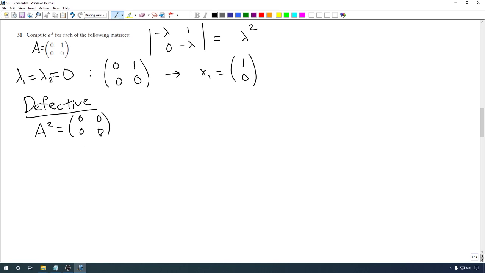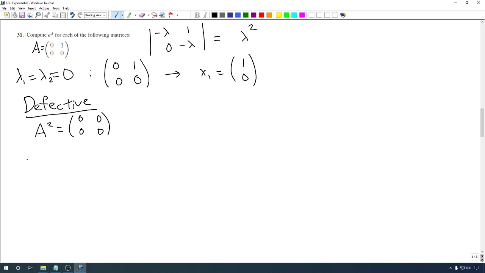Not that you need to remember that. But the point is that once we square it, we have all zeros. If we take A to any higher power, the third power, we'll just be multiplying the 0 matrix by A again, which is still going to be the 0 matrix. All powers of A from 2 onwards are zeros.